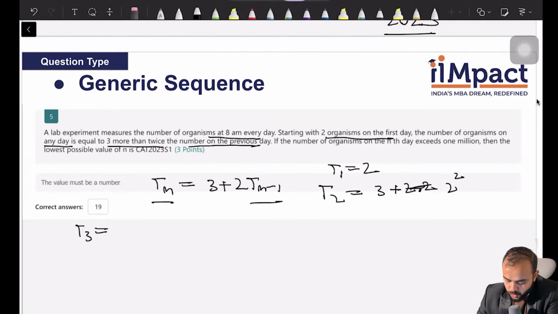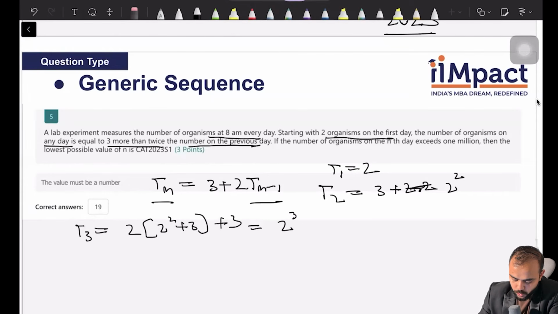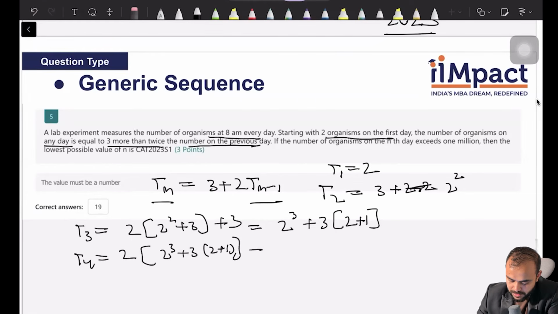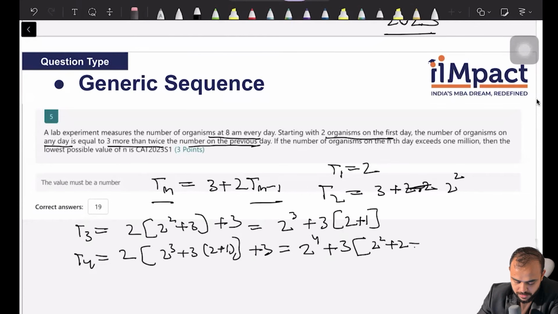T3 is going to be 2 times 2 square plus 3, which is going to be 2 cube plus 3 times 2 plus 1. T4 is going to be 2 times 2 cube plus 3 times 2 plus 1 plus 3, which is going to be 2 to the power 4 plus 3 times 2 square plus 2 plus 1. That is 2 square plus 2 plus 1.